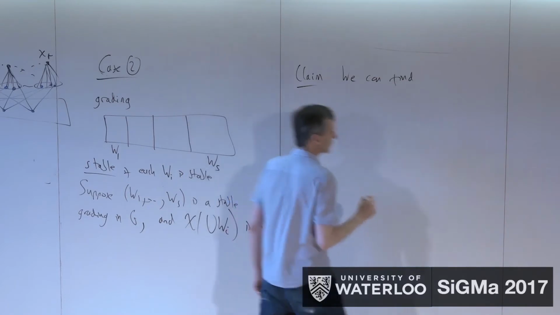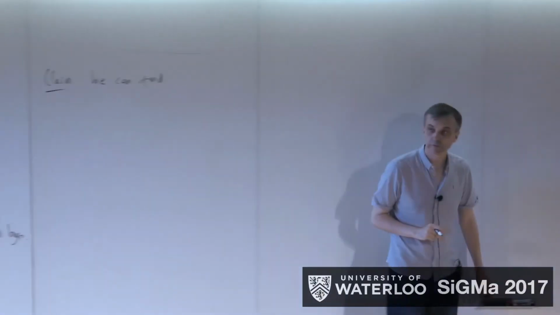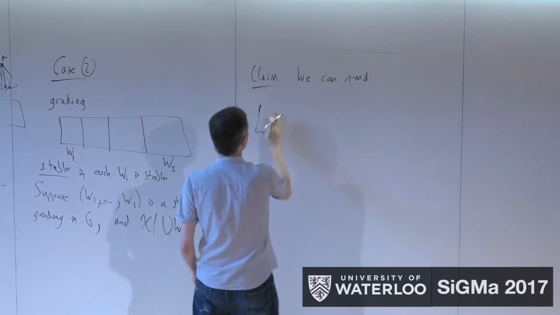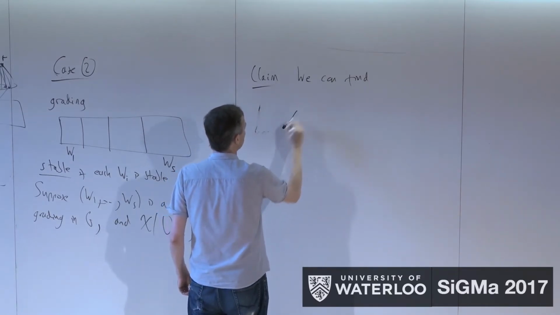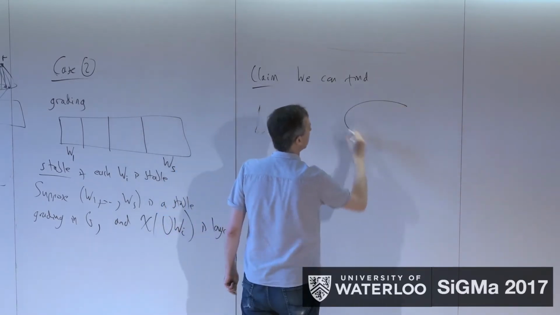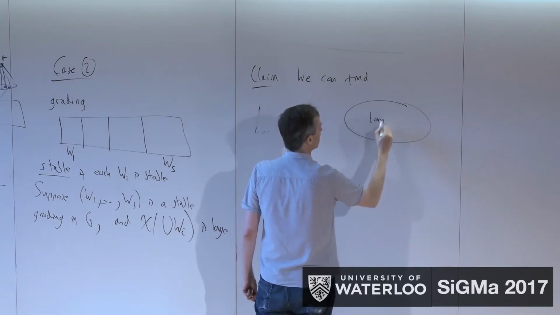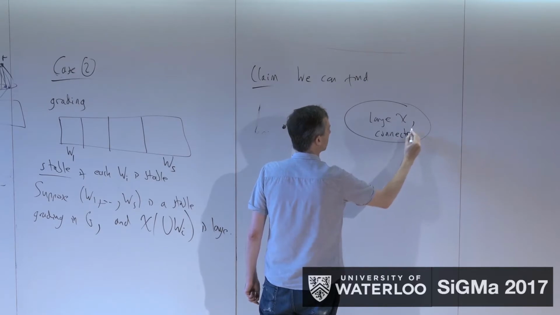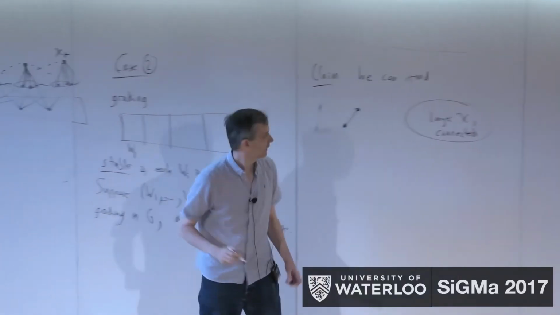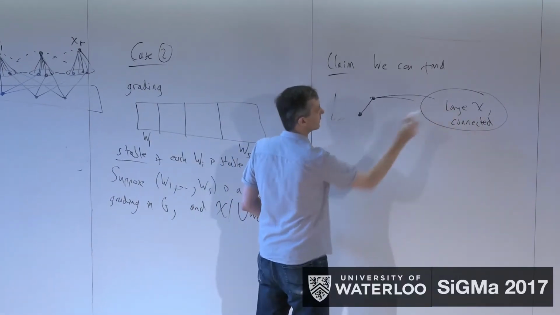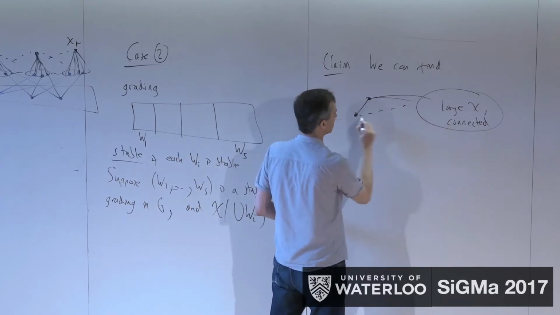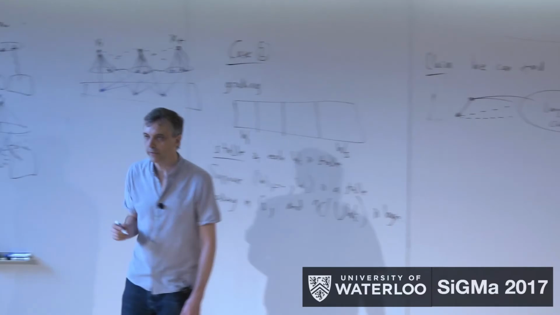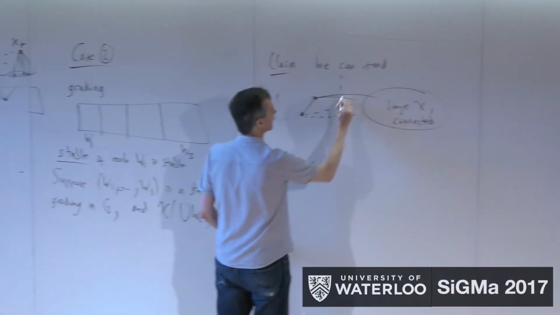So this is under the assumption that neighborhoods have small chromatic number, which we know by induction, that we can find the following. So we can find an edge and a large chromatic number connected graph, so that one end of the edge has neighbors in that large chi graph. The other end of the edge doesn't. And now here's the useful thing.